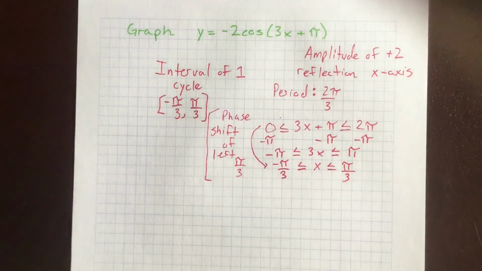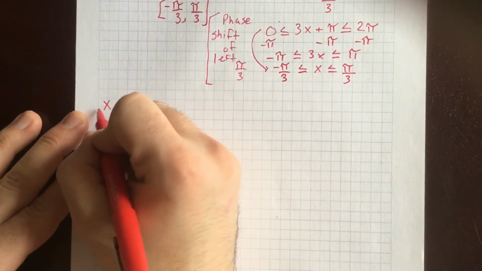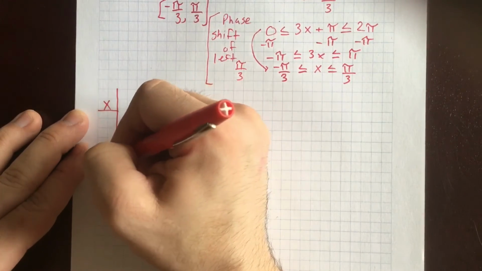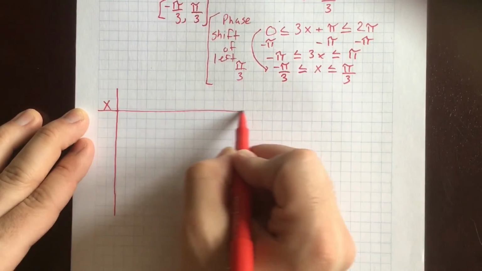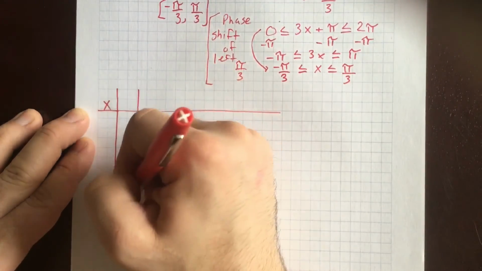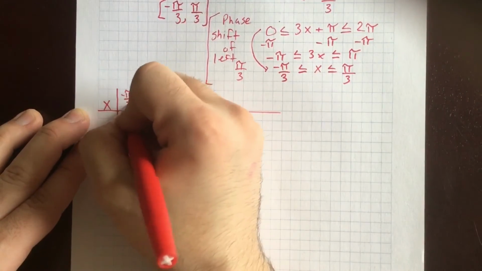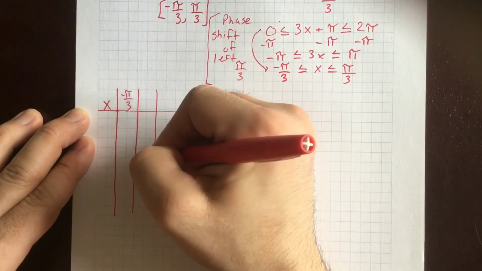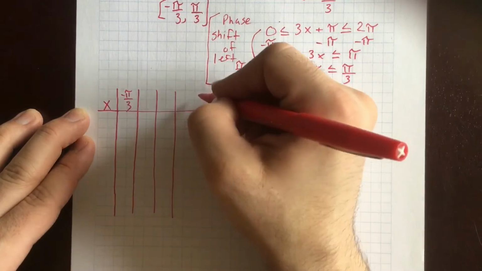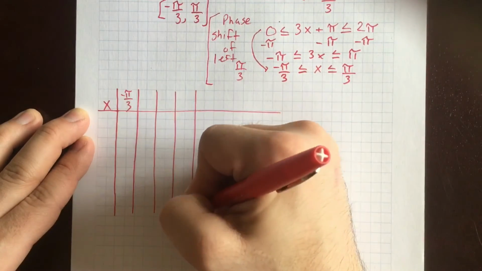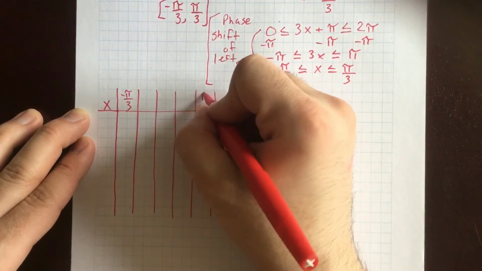Okay, and graphing it, starting with, where are we at? Negative pi over 3, and it's positive pi over 3.